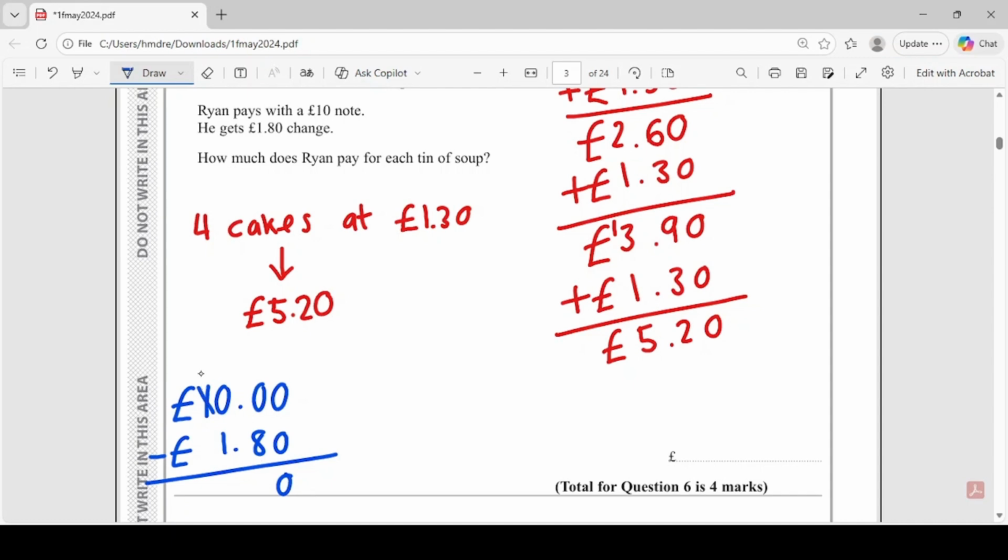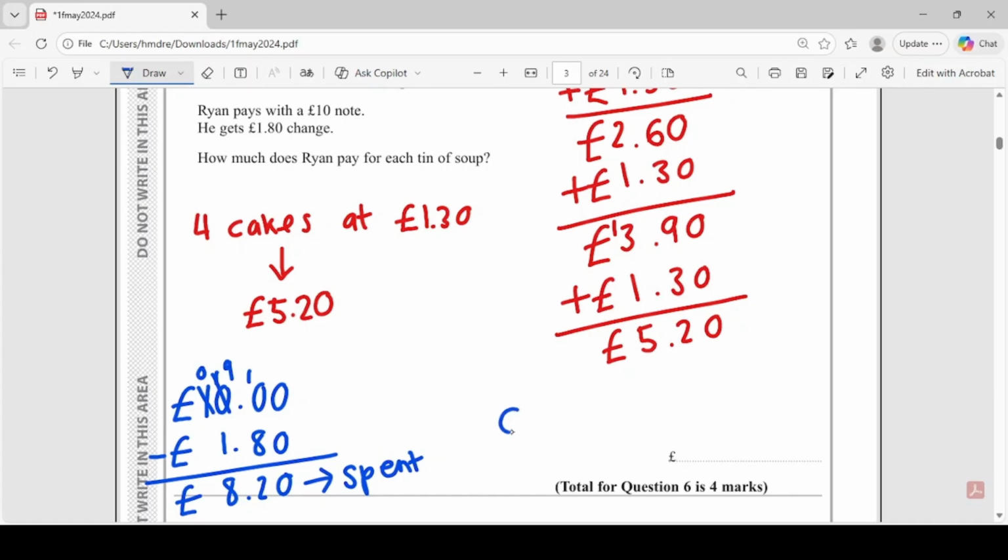You're going to have to borrow here. That's 9. 10 take away 8 is 2. 9 take away 1 is 8. Okay, so that is how much he spent. So he spent £8.20.